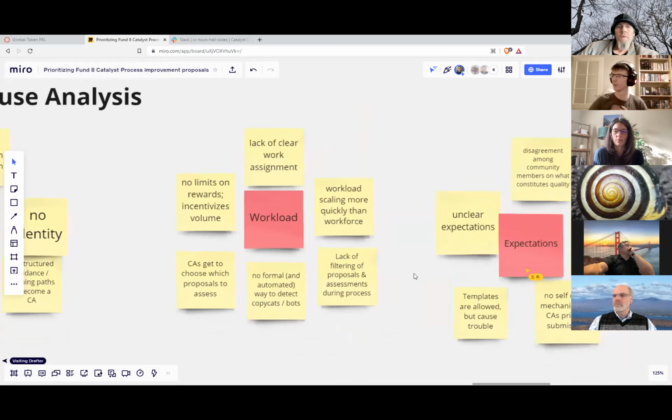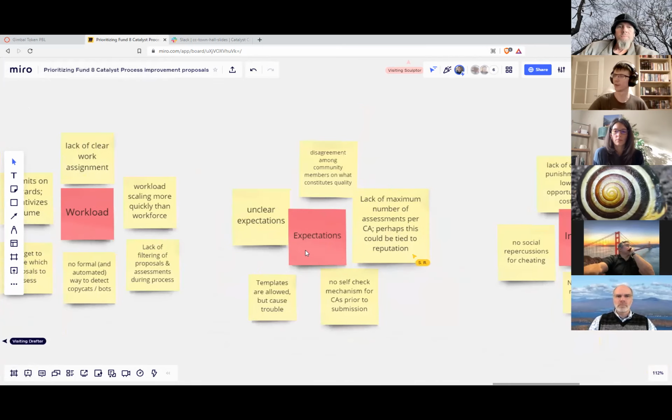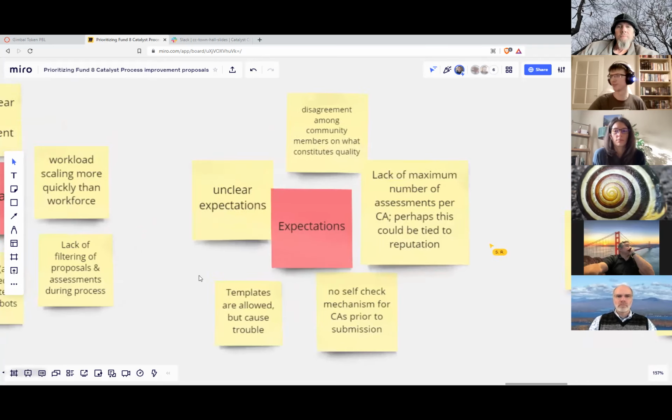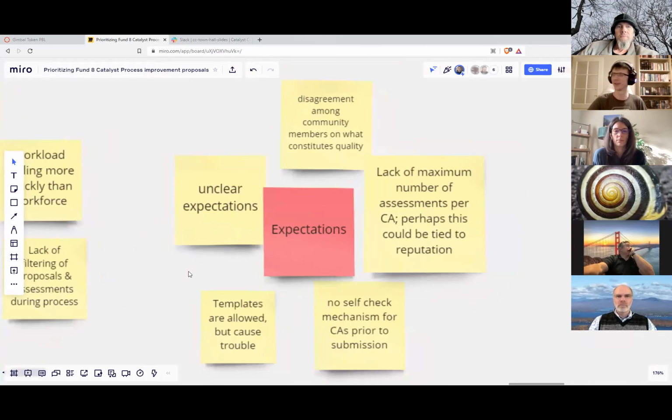Yep, pretty good. And for the expectations, I will put Victor Jager on the spot if he's willing to unmute and read the sticky notes and add a clarification of how you understand them. Victor?